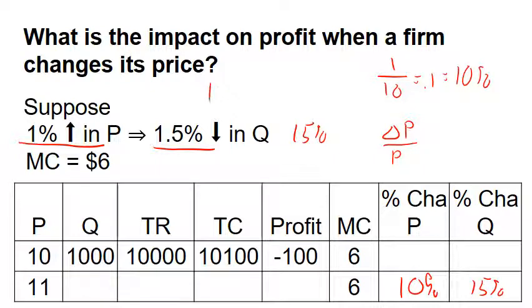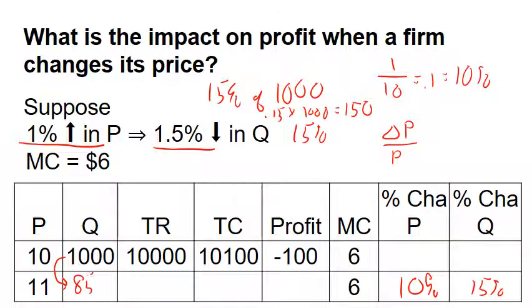What's 15% of 1,000? Well, that's 0.15 times 1,000, which is equal to 150. This 10% increase in price is going to reduce quantity by 150. If we subtract 150 from our initial value of 1,000, we now get a new quantity of 850.